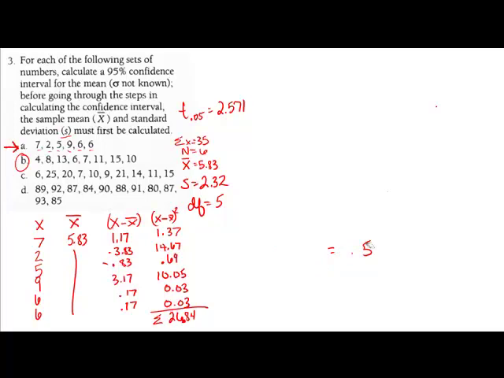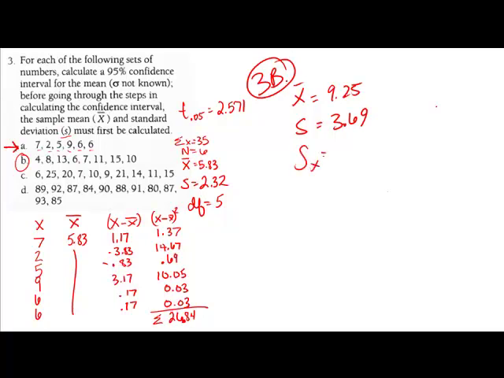Okay. Hopefully you did well. So for 3B, the mean you should have gotten was 9.25. You should have gotten an S of 3.69. Standard error is 1.31.